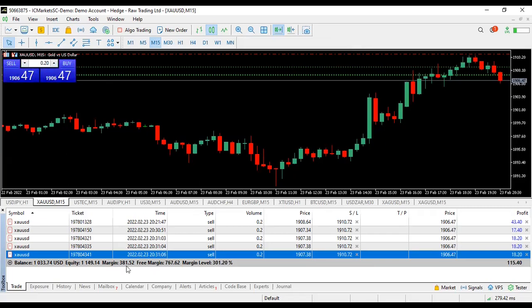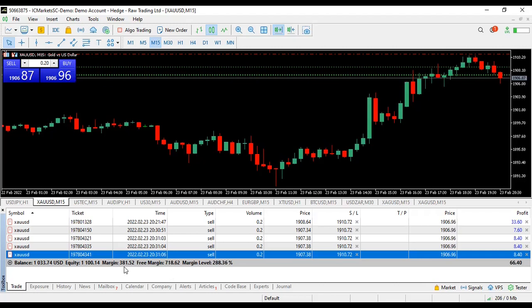I said there's a balance, there's equity, there's margin, and the margin is the amount that is left. You can place a trade up to this certain amount with the same lot. It is your balance that is left that you can place.